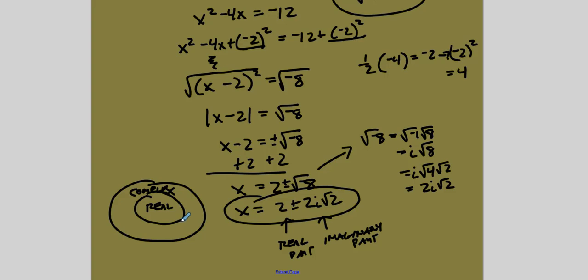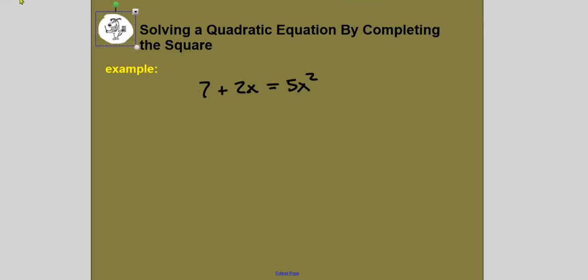So every number in the universe actually is a complex number. So real plus imaginary make complex. We'll talk more about imaginary numbers later, but that's how we handle this. So this is a non-real solution, and there actually are some applications in, say, electronics where you use imaginary numbers. Okay, let's continue.